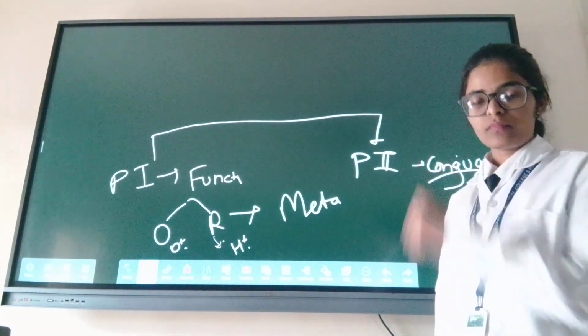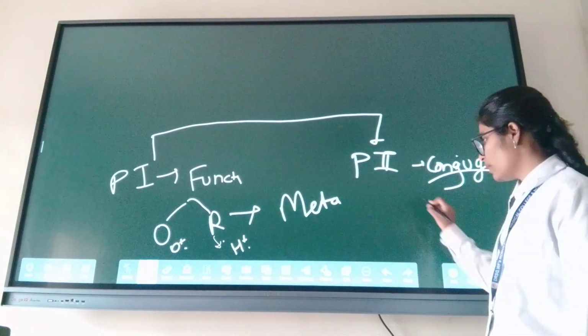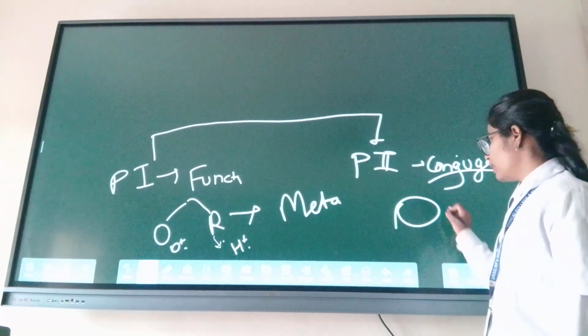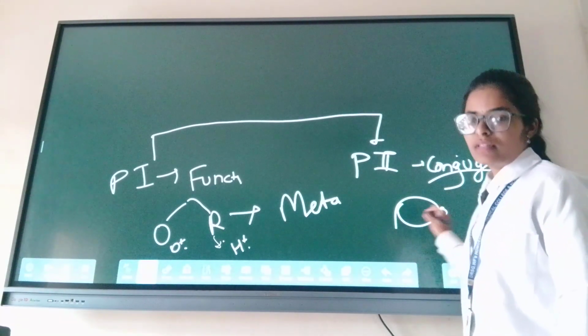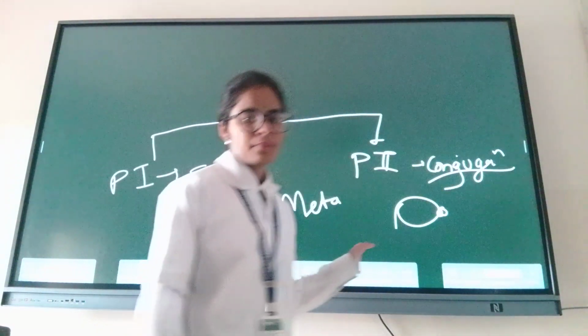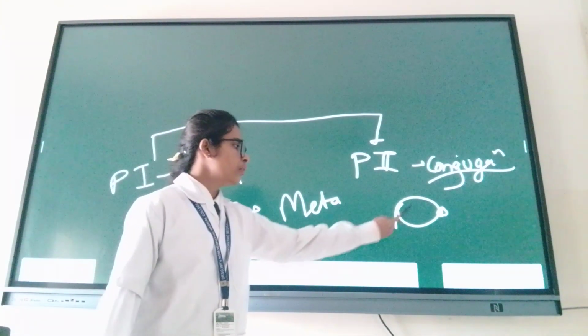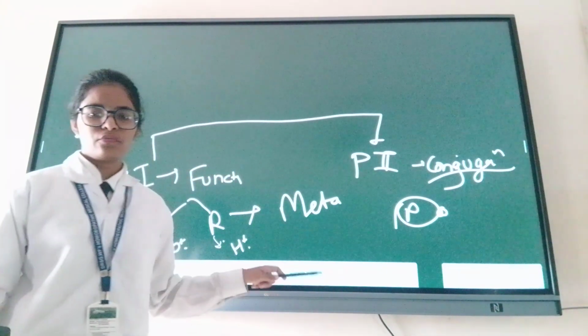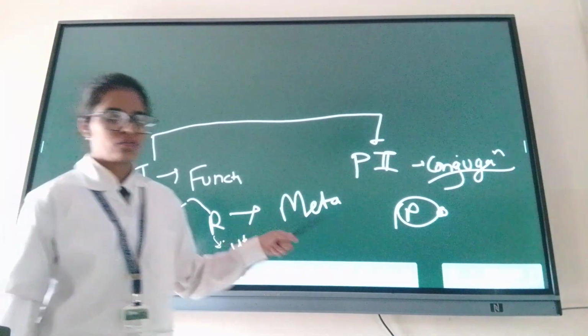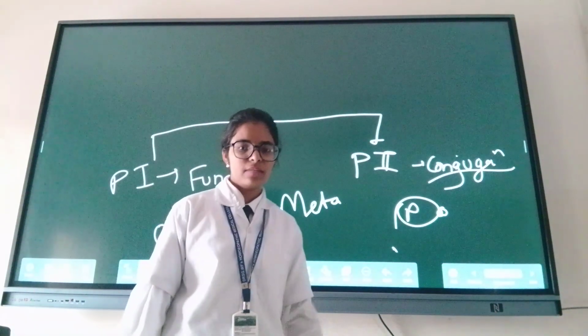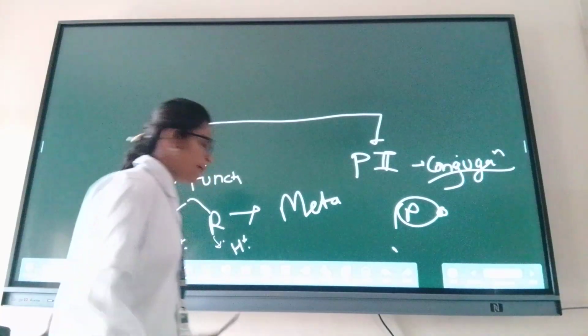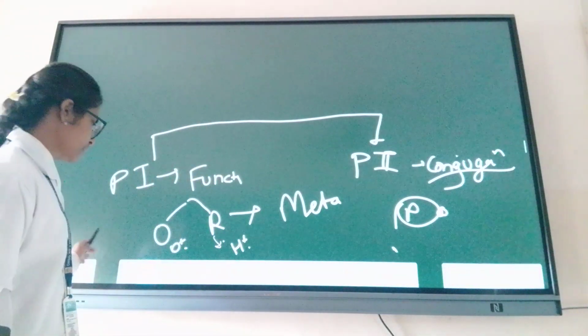Okay? And in phase 2, our metabolite binds with the conjugate, and then it becomes polar, hydrophilic, water soluble. It is ready for elimination now. Now kidney will happily eliminate the drug. Okay.